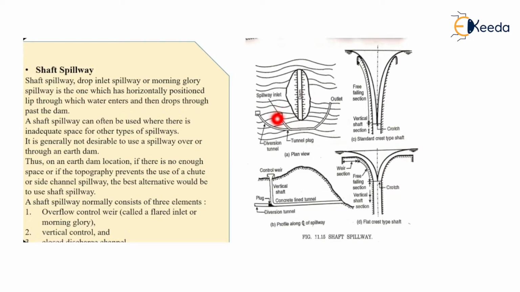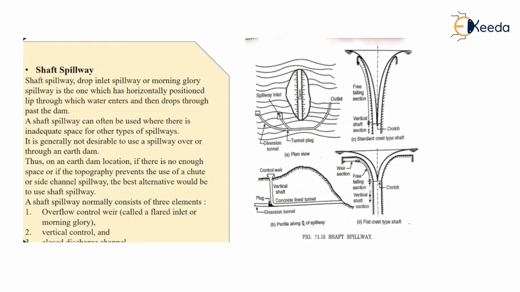Even during the construction of this shaft spillway, one divergent tunnel will be constructed, and through this divergent tunnel, the water that may increase will come here and be connected to the vertical shaft of the spillway, and then it will pass through the outlet section, or be directly connected to the natural resource, that is a river.